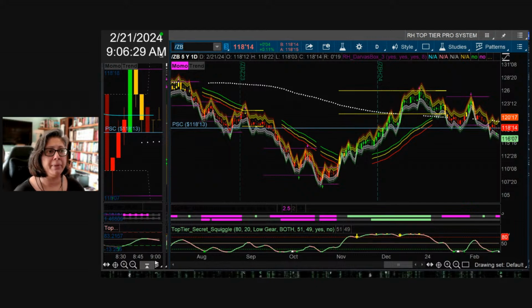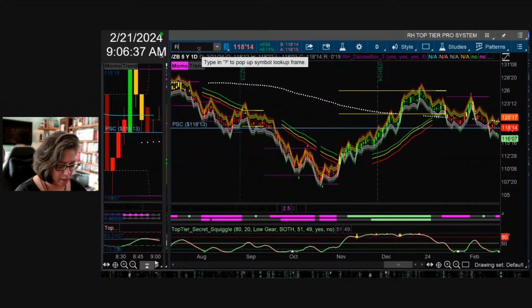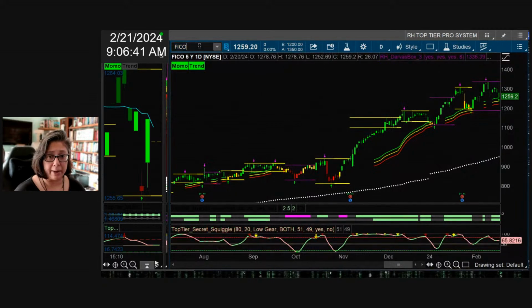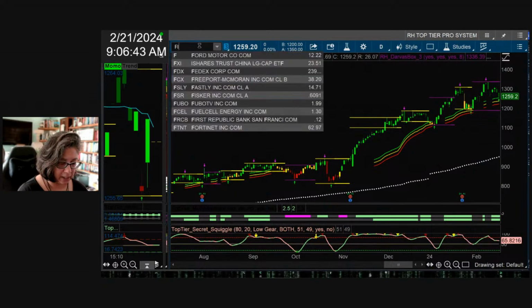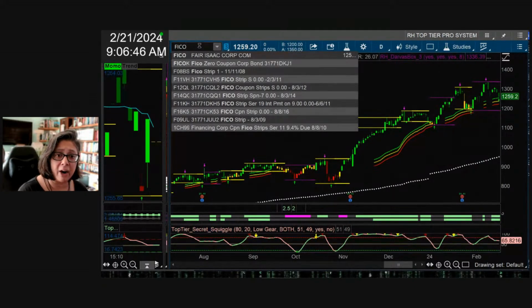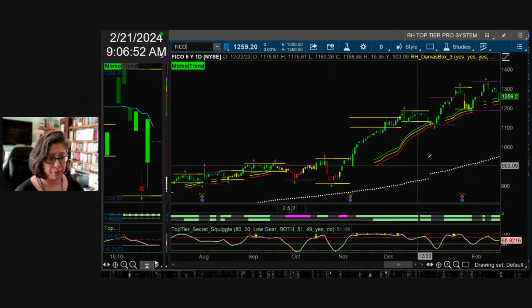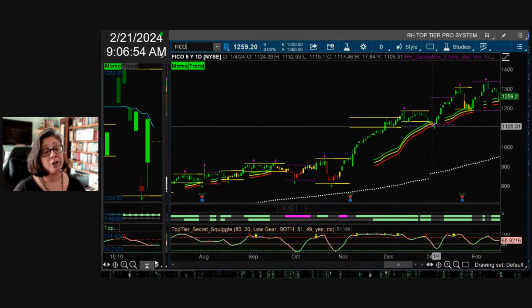All right, so first up is FICO, Panther. You want to know what FICO? So this is, I don't even know what this is. What is FICO? Fair Isaac Corp? Okay. It's in an uptrend. I'd focus on pullback buys, which have actually been working out really well. Here's a great example.